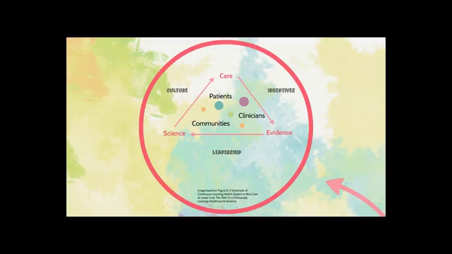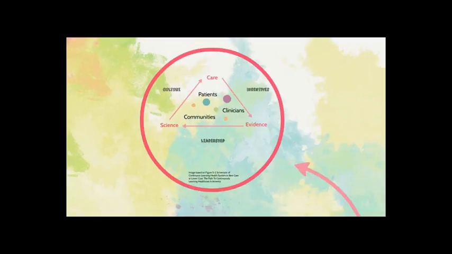But for a system to be effective, we really have to engage all of those groups. The system needs to be doing all of that while providing high-value care and finding ways to reward that high-value care, which we'll talk about incentives later. And all of those combined actually creates a new culture of care.